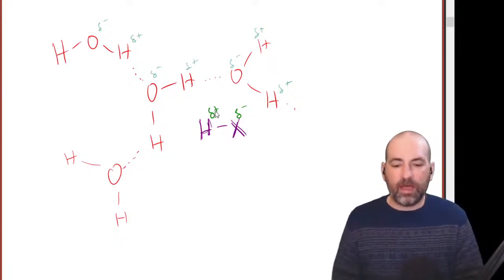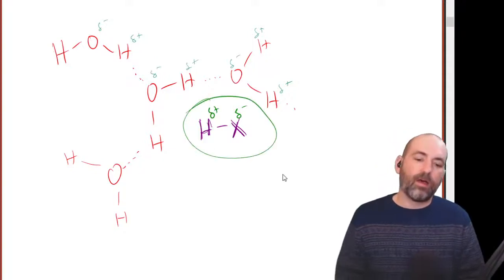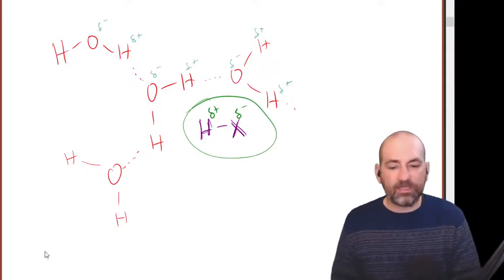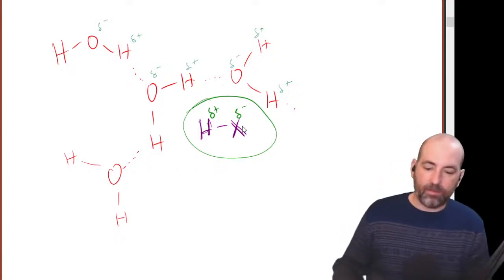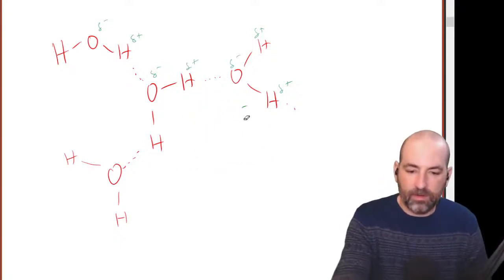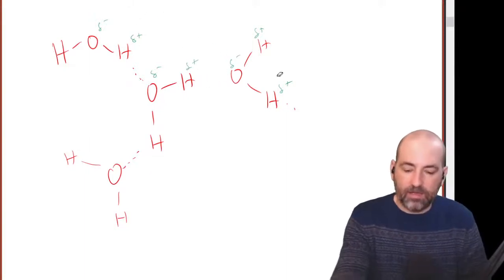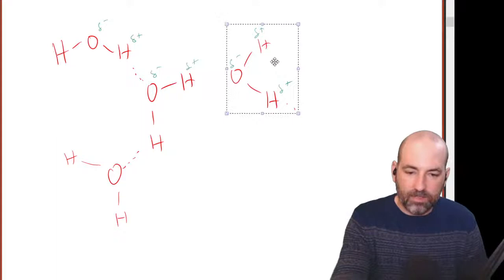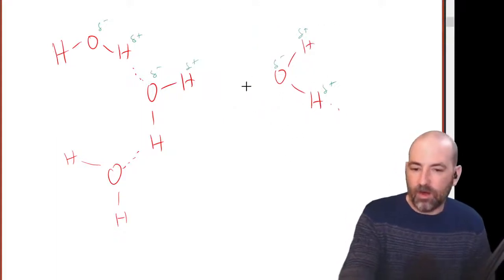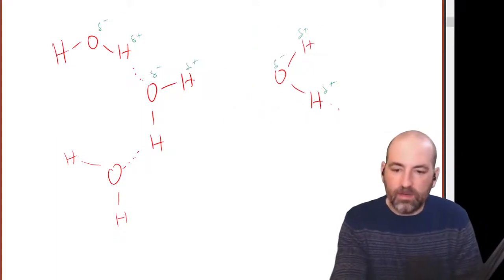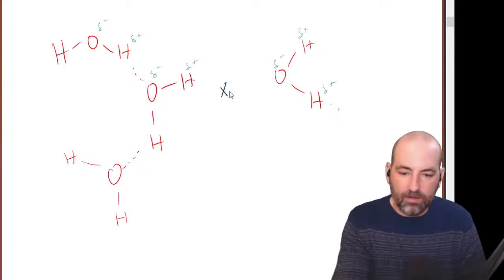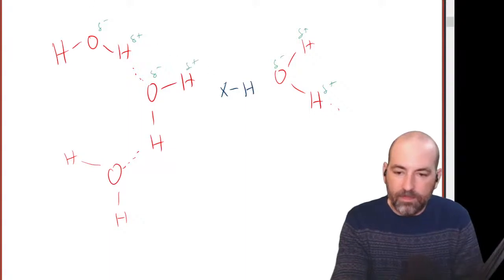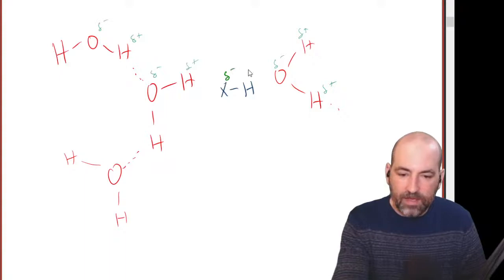So you can imagine now, if this is HX, that it can fit pretty nicely into this water matrix. It would have to flip around here. But let's say this hydrogen bond breaks, or this water molecule just moves apart from it. Then we could imagine putting that HX molecule in here, with the negative side facing the hydrogens and the positive side facing the oxygens.